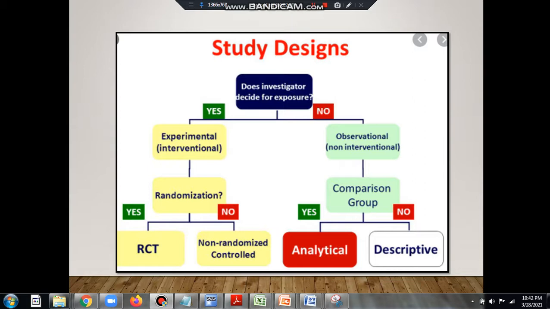So he retrieves the data from various hospital data warehouses. He collects the data and creates two cohorts. One cohort are those who are vaccinated, and the second cohort are those who didn't receive a vaccination.